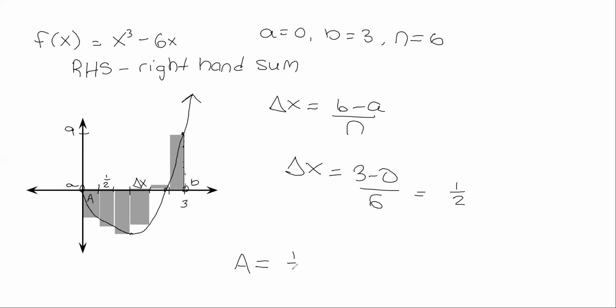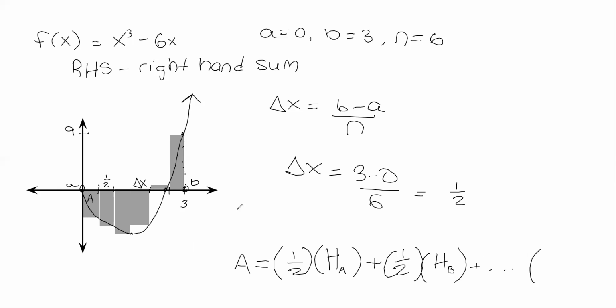So we have a base of 1/2 times the height of rectangle A, and then 1/2 times the height of rectangle B, and we would just do that until we get to the very last one, rectangle F. But because they all have a 1/2, we can factor out a 1/2 from all 6 of our terms. We can make this 1/2 times height of A plus height of B plus height of C plus height of D plus height of E and then plus height of F.